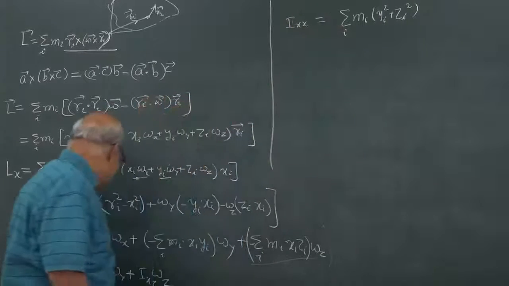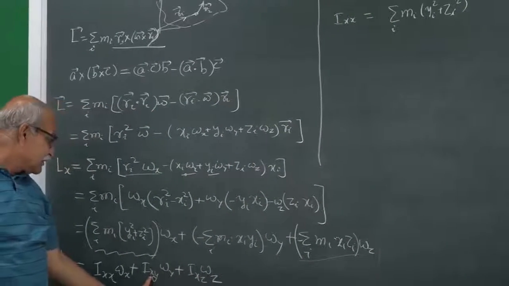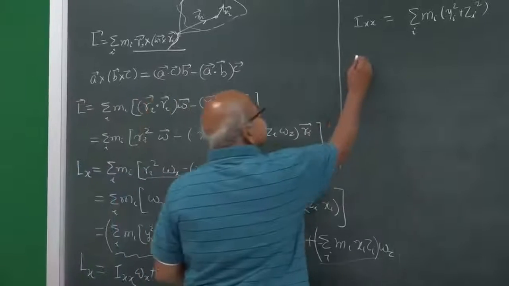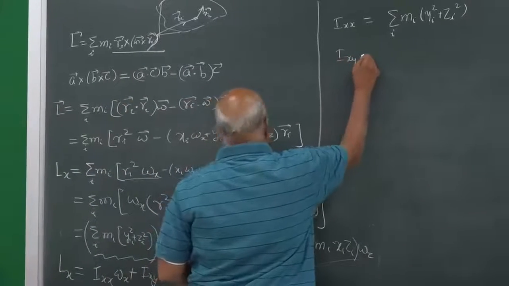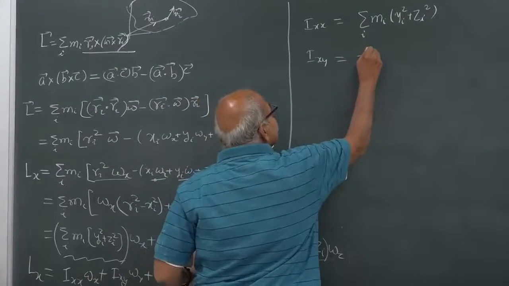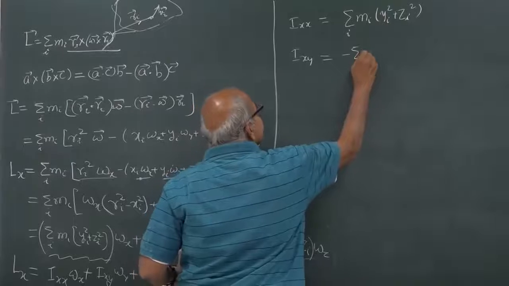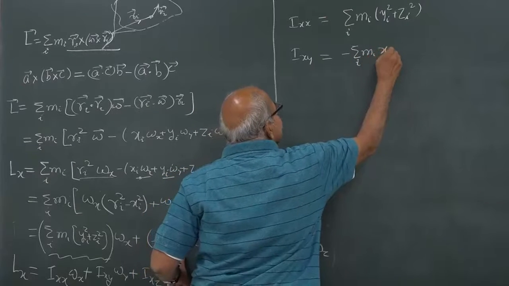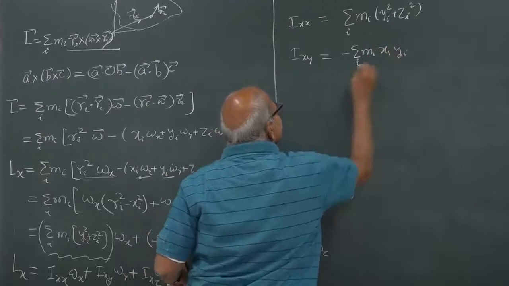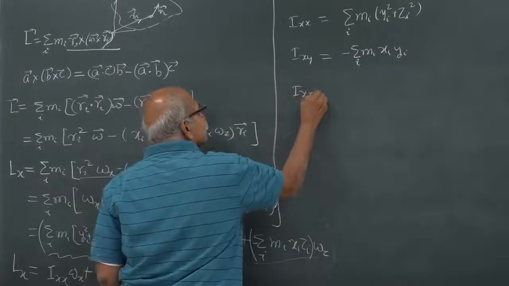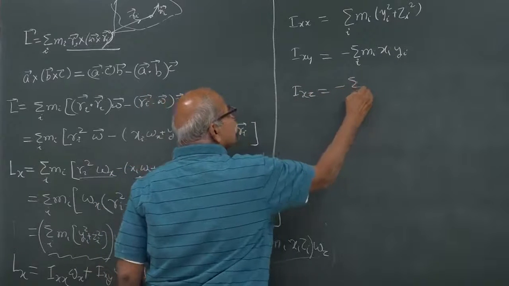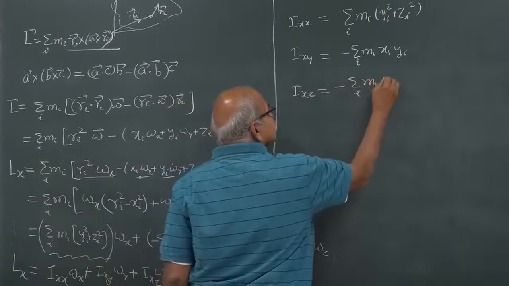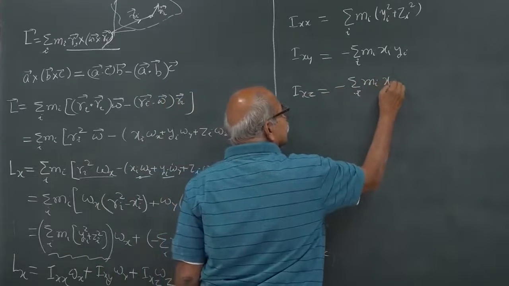But what is this Ixy? This Ixy is something very different. This Ixy is minus summation over i of mi xi and yi, and Ixz is similarly minus summation over i of mi xi and zi.